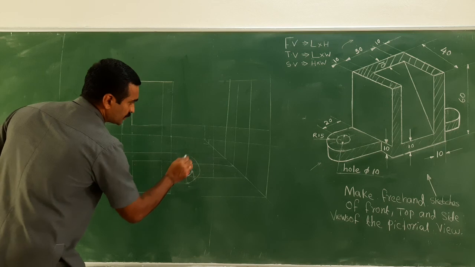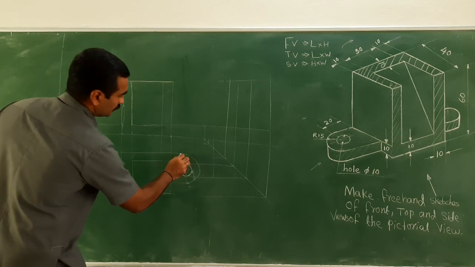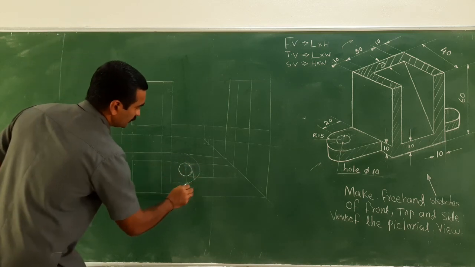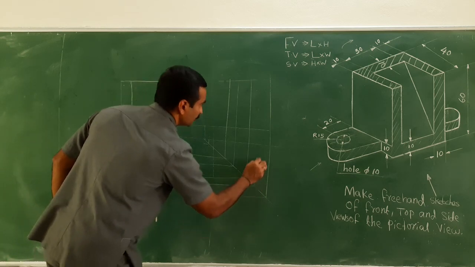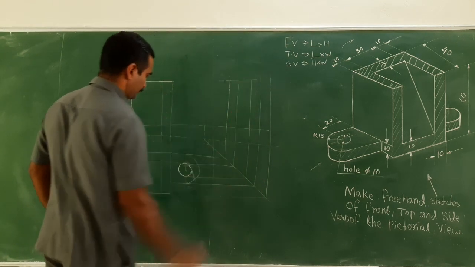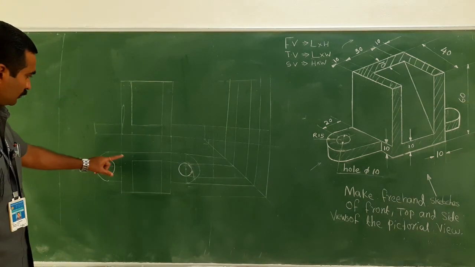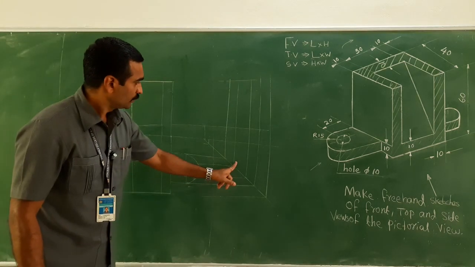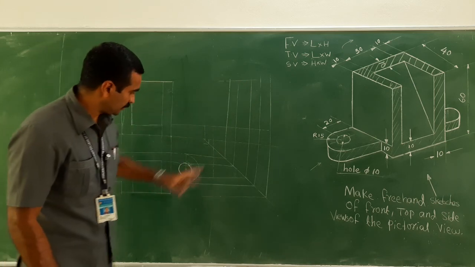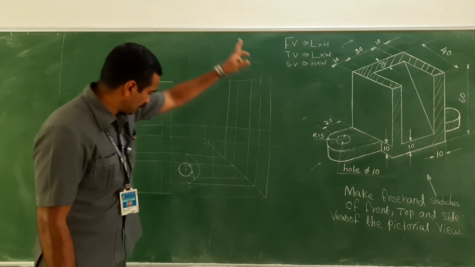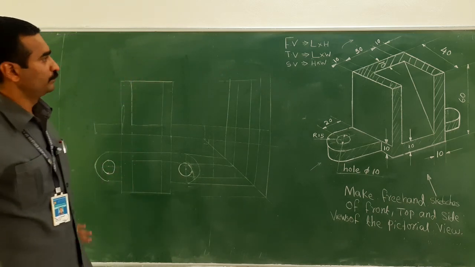And this boundary, that is the semicircle information, to be transferred here, fine. This portion has been projected here, then the circle has been projected here, and this semicircle extension has been projected here, fine.